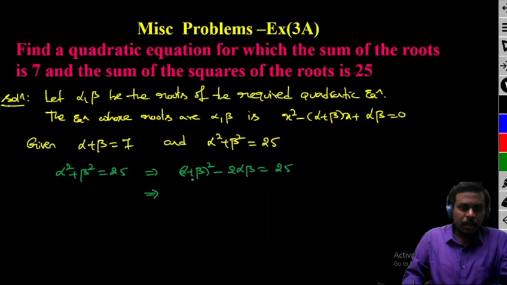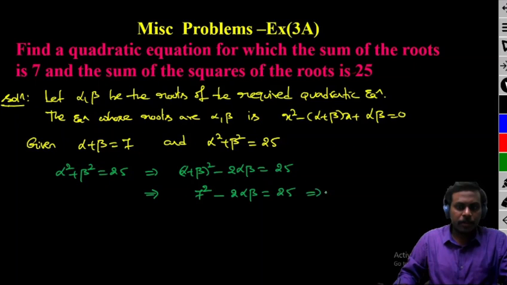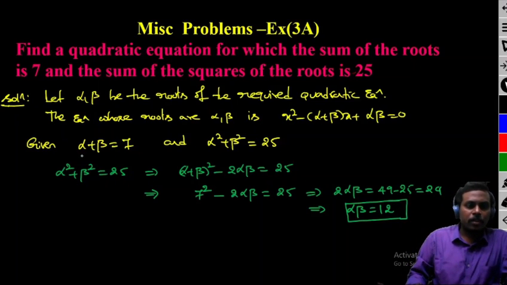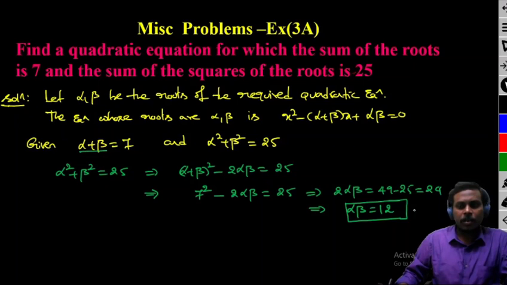So this implies alpha plus beta is known, that is 7, so 49 minus 2 into alpha beta is equal to 25, implies 2 alpha beta is equal to 49 minus 25, that is equal to 24. So this implies alpha beta is equal to 12. We know the sum of the roots and we know the product of the roots.